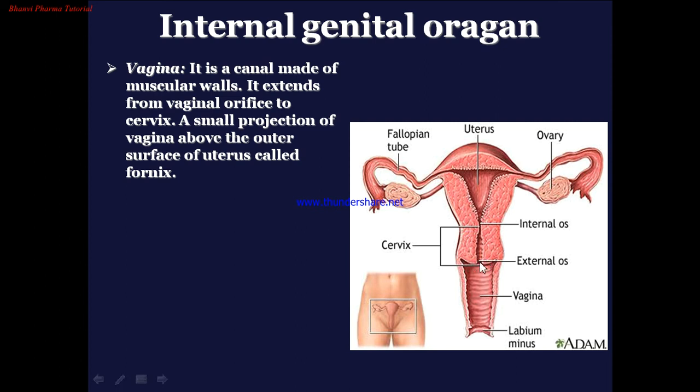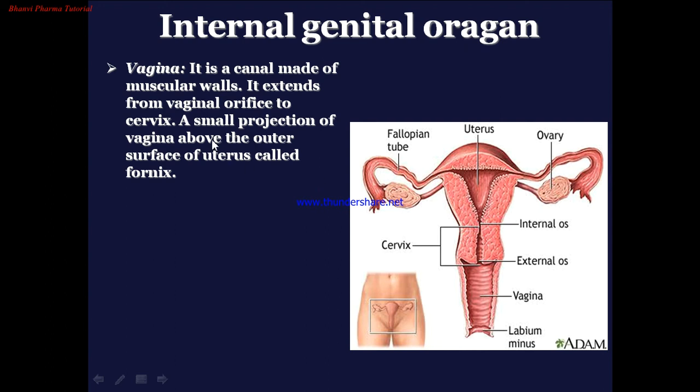This is the cervix, the end of the vagina. The cervix leads to enter the uterus.